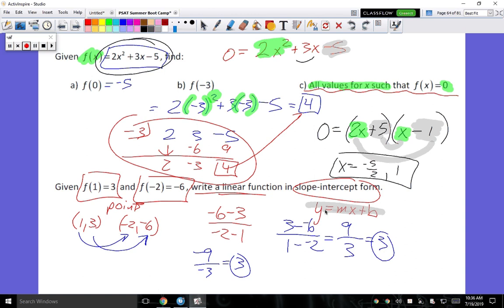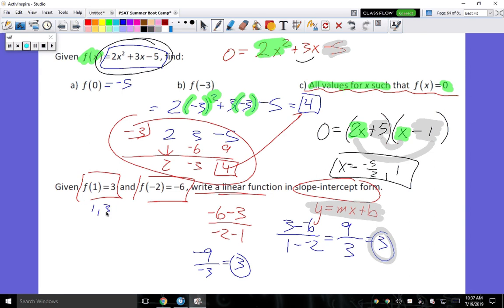What's the fastest way to get to this if you have a slope? What would you suggest to do? Check one of the points. Okay, plug in points. Here we go. There's 2 ways to do this.